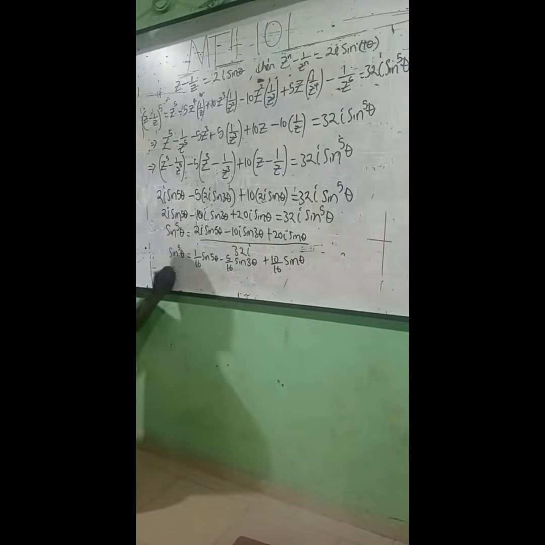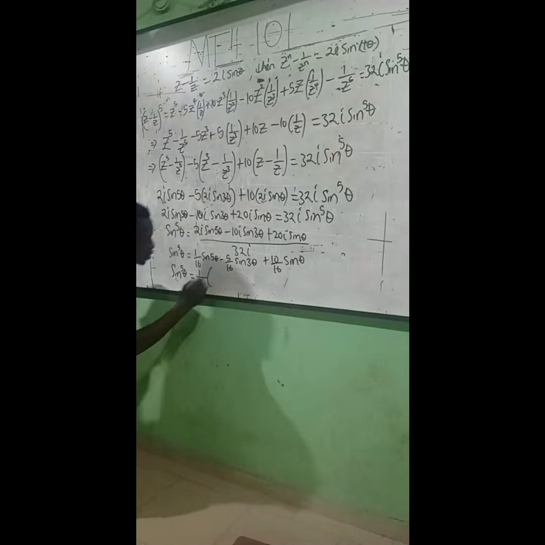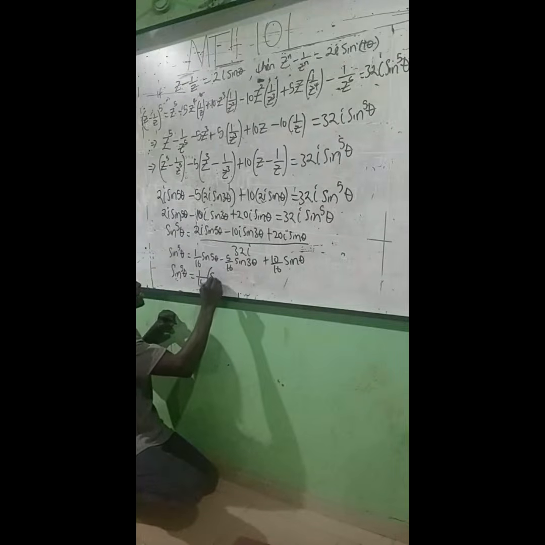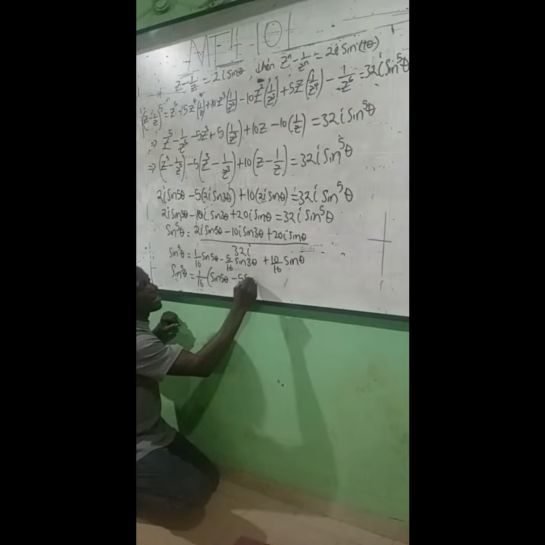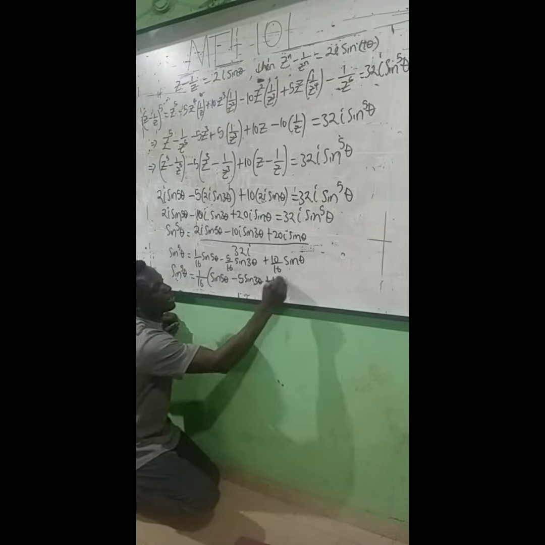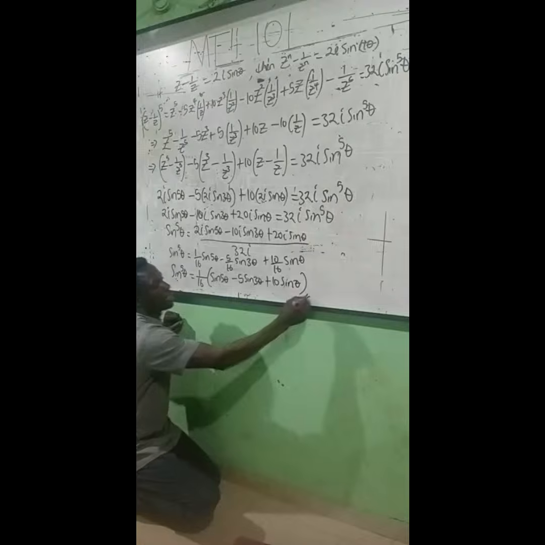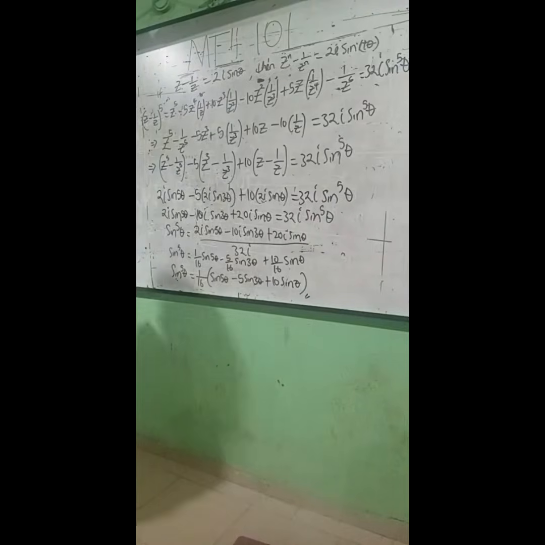So here we now have sine to the power 5 of theta equals, what is common to everything, if you bring it out, sine 5 theta minus 5 sine 3 theta plus 10 sine theta, over 16. That's the answer, so this is equal to this.